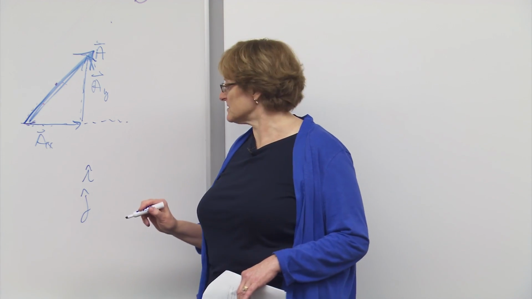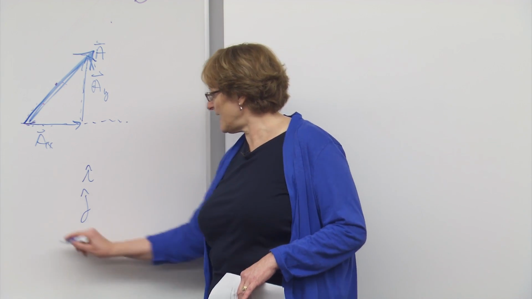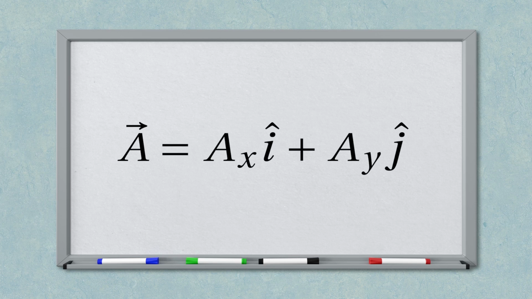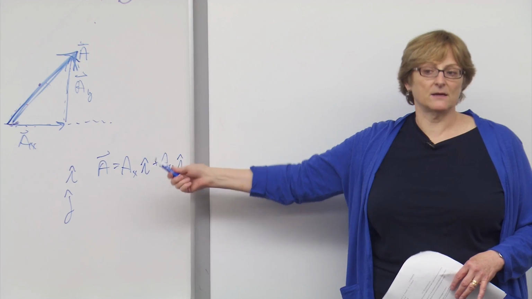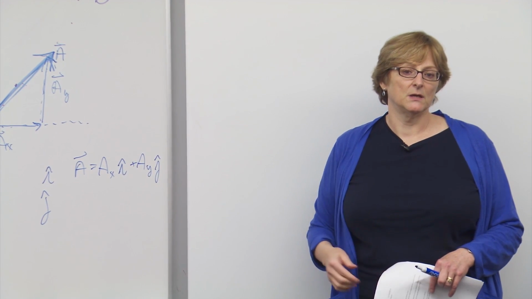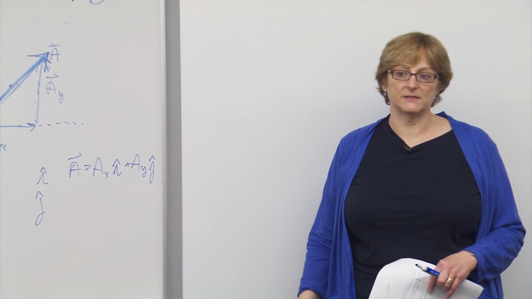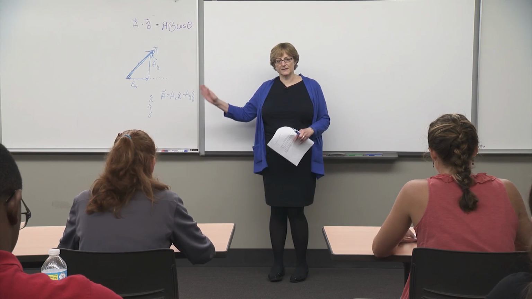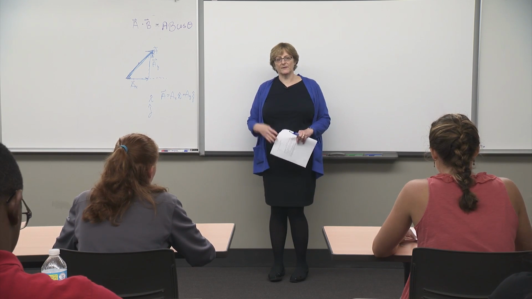These two unit vectors allow me to write vector A as its length in the X direction, AX, times unit vector I, plus its length in the Y direction times unit vector J. I can describe any vector that's in a plane as a combination of two vectors in the orthogonal units of that plane.